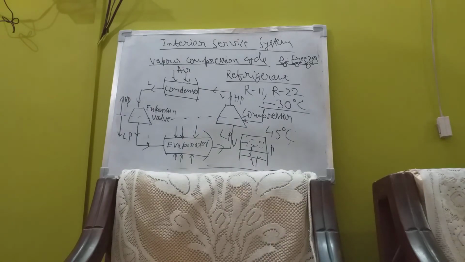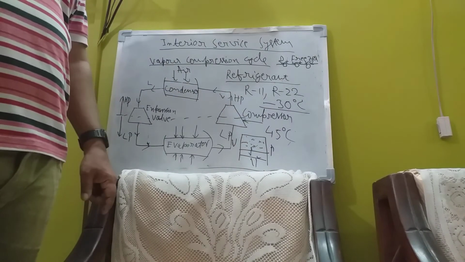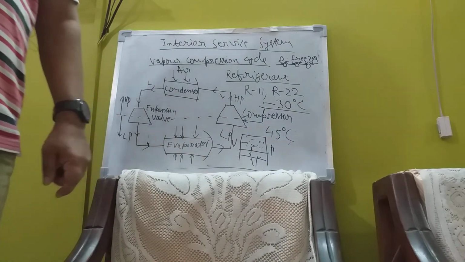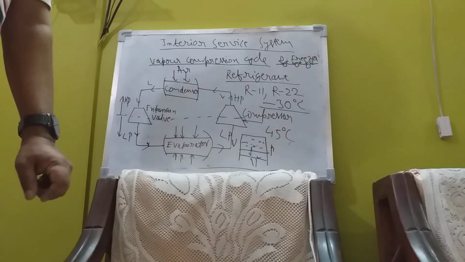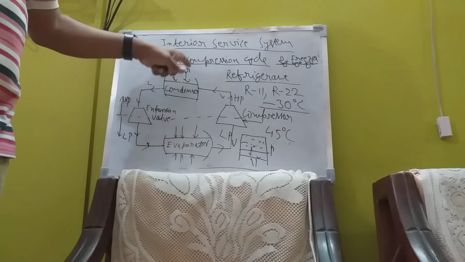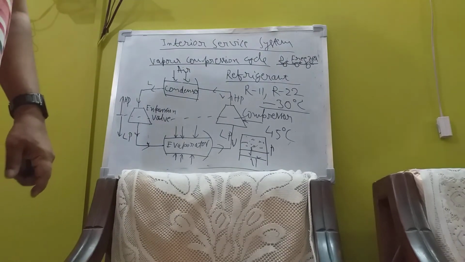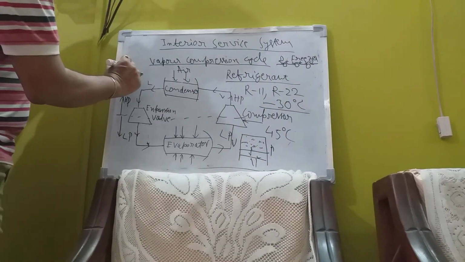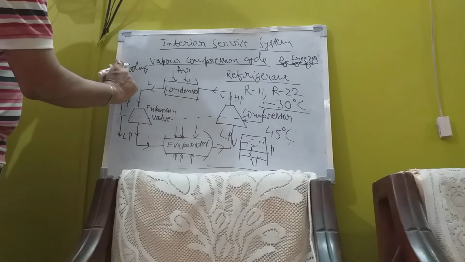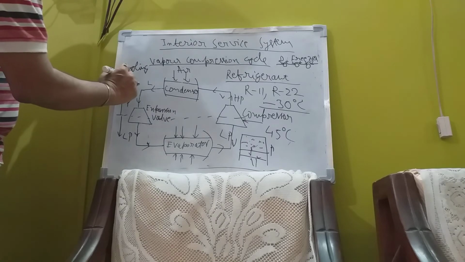But in case of big air conditioning apparatus, which we use in industries or central air conditioning like in airports and other places, the cooling of the condenser is done by water. And this water cooling is done by an equipment called a cooling tower.